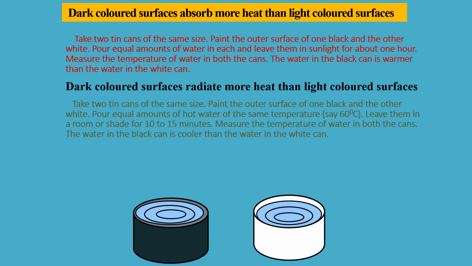Measure the temperature of water in both the cans. The water in the black can becomes cooler than the water in the white can. That means the black colored object has also lost heat very fast. This phenomenon states that dark colored objects absorb heat radiations fast and also give out heat radiations fast.